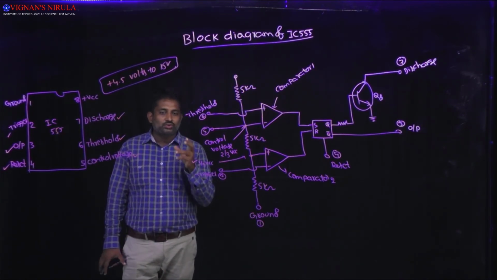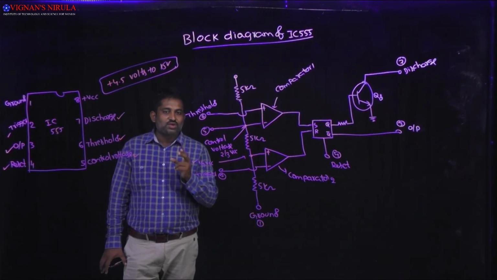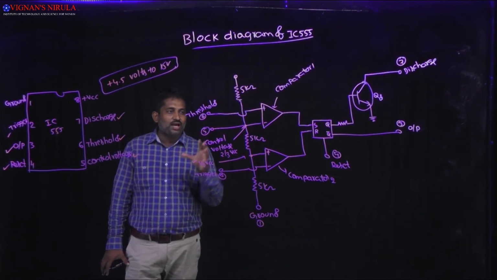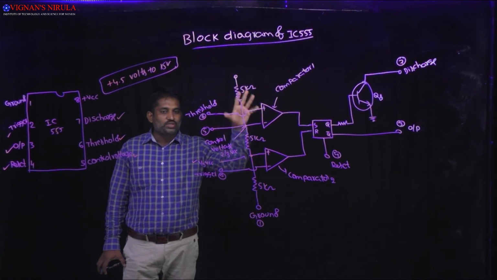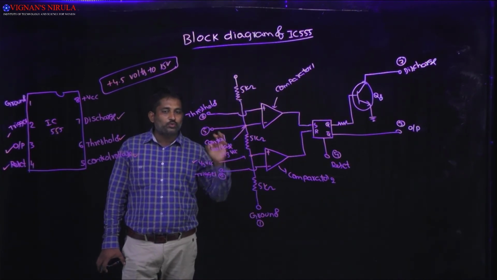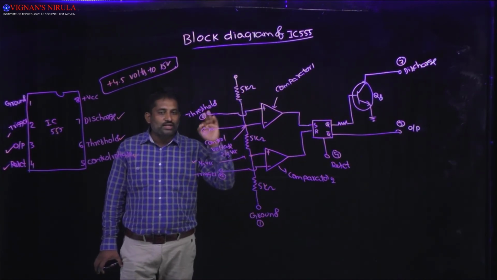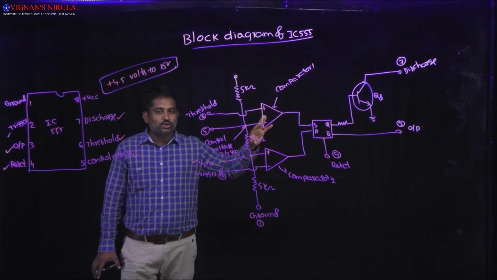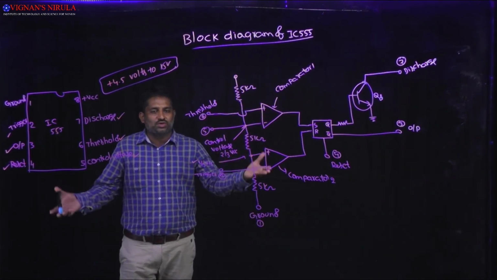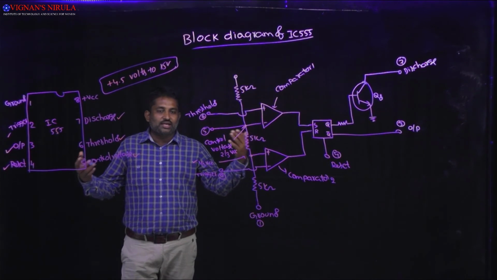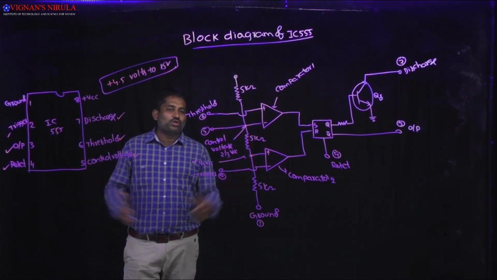Here I want to tell you two main things: when the flip-flop output goes high and when the flip-flop output goes low. I am not talking about the total output, which is Q bar. Once you know the value of Q, you can clearly understand the value of Q bar.